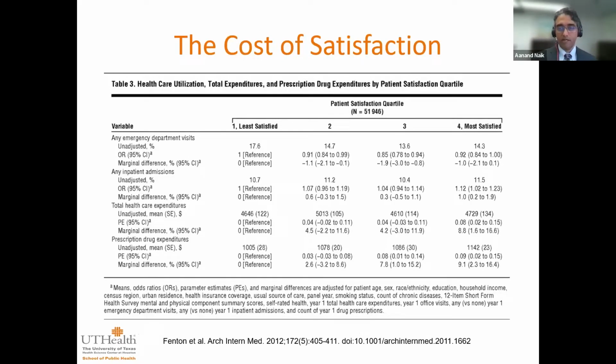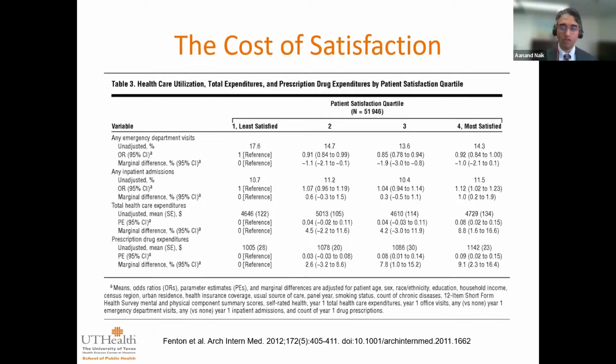So here's some outcomes, and I'm going to get into this a little bit more. I know it's probably a little technical here, but the key thing here is if you are more satisfied, then look at the drug expenditures. If you were more satisfied, you had 9% higher prescription drug costs. If you were more satisfied, you had about 8.8% higher healthcare utilization.